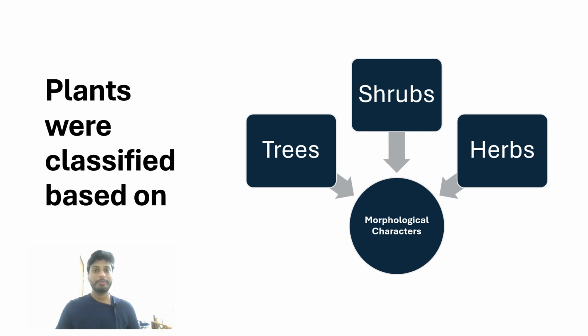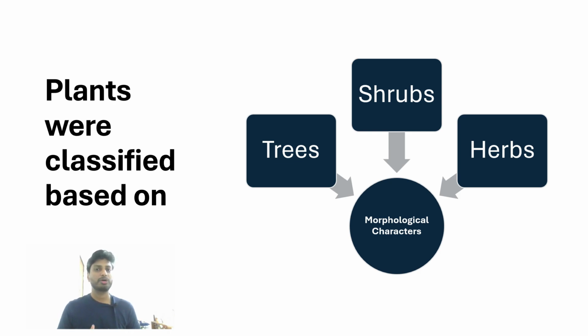You may wonder what kind of classification this is. Let me tell you that Aristotle had done this classification based on morphological characters. So dear students, what do you understand by the word morphology? Morphology actually means the external characteristics of a particular organism.